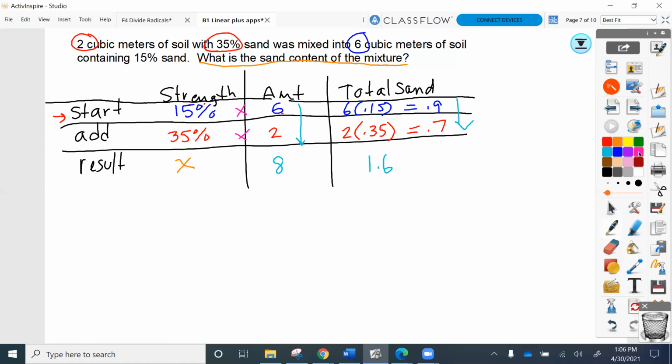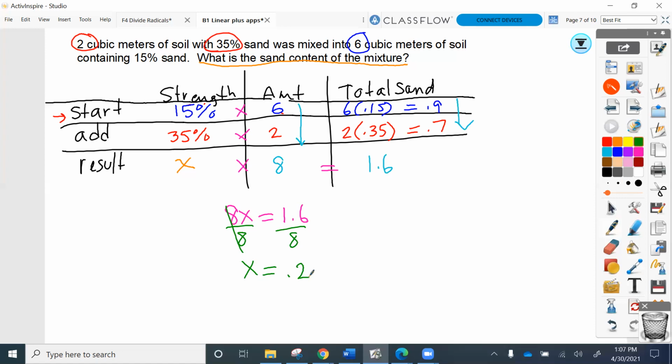So remember, what we know is X times 8 must equal the total over there, right? Just like they do in all the other columns. So what we have here is 8X is equal to 1.6. And then we just solve that equation by dividing both sides by 8 to get X is equal to 0.2.